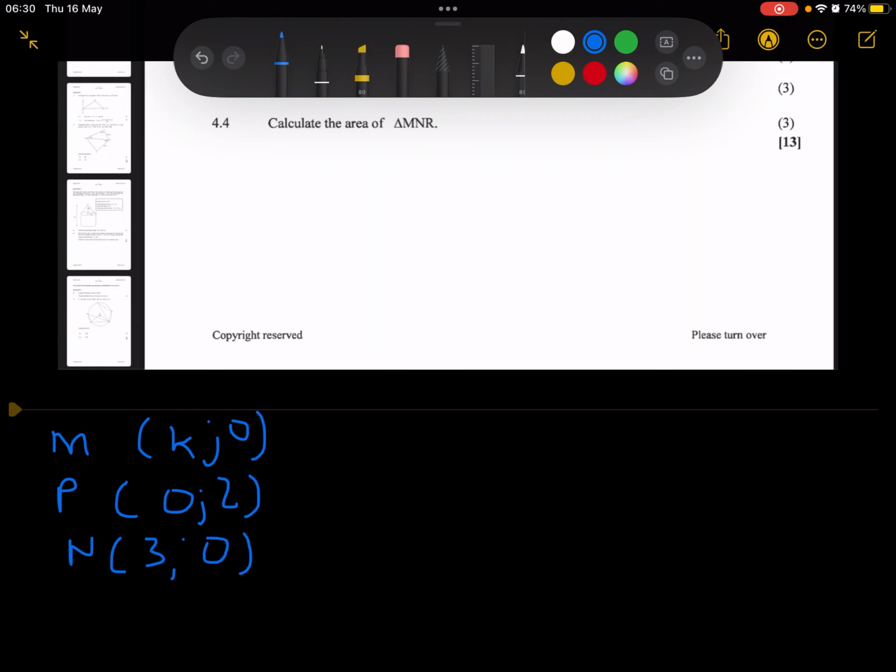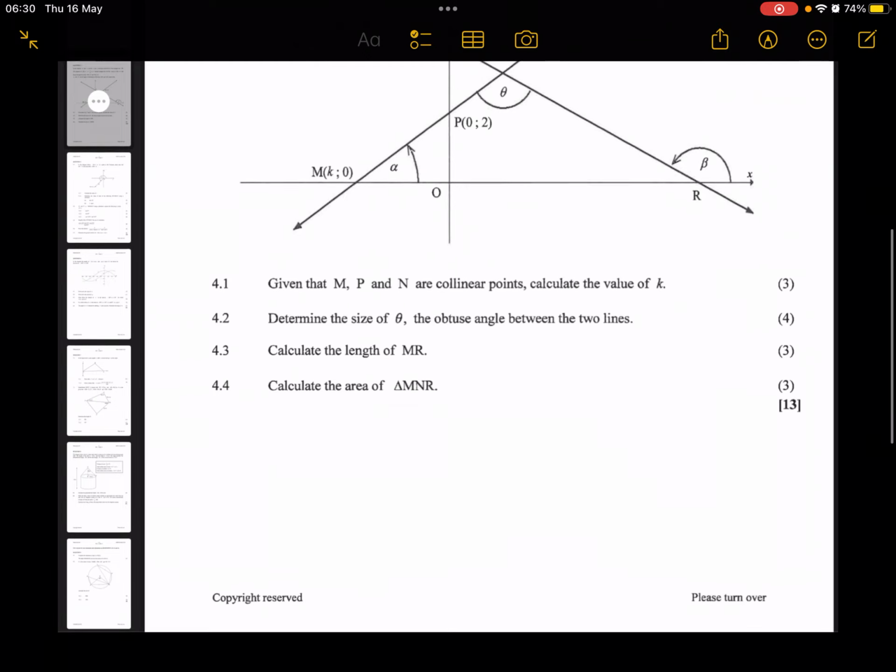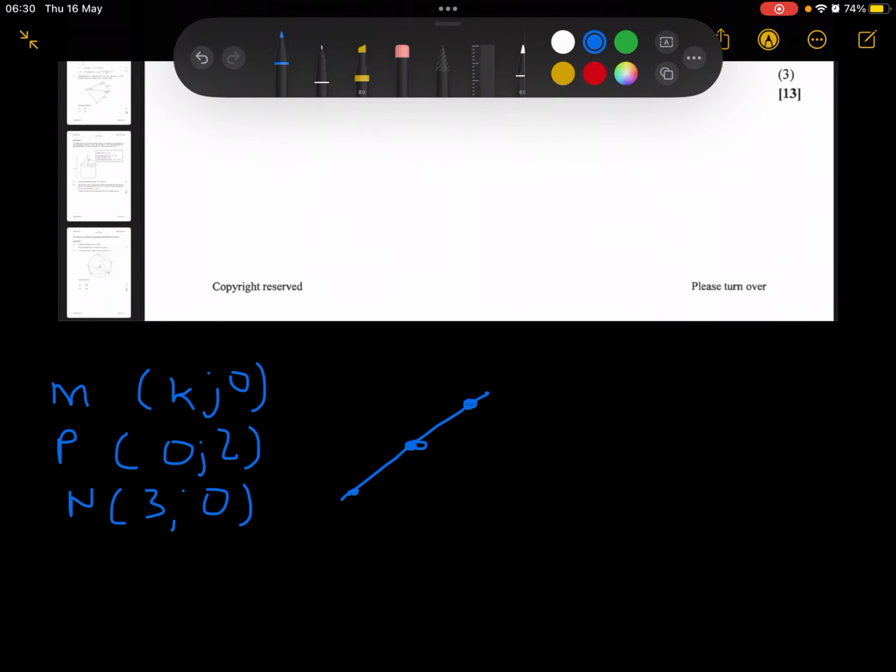Now points that are collinear are points that are on the line, in one line, and they have equal gradient, which means if this is M, as we can see from the question here, it's M, P and N. So the gradient of this and the gradient of this and the gradient of this will be equal. So now we need to calculate those two gradients.